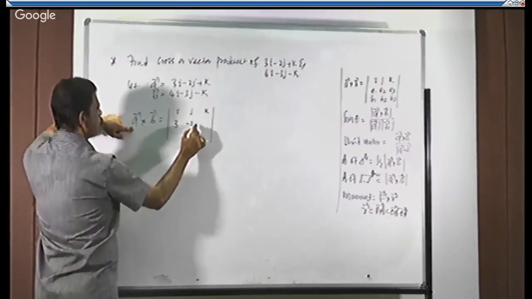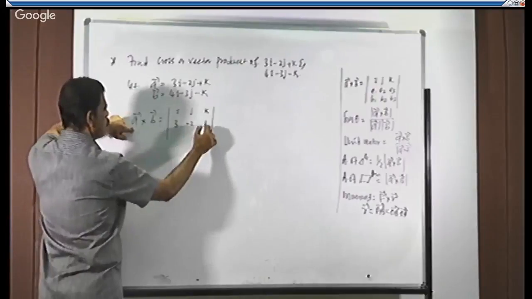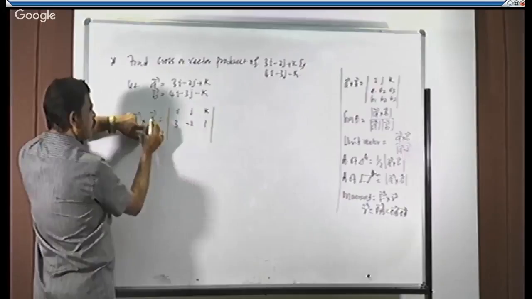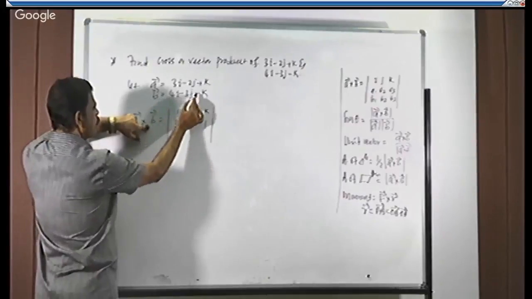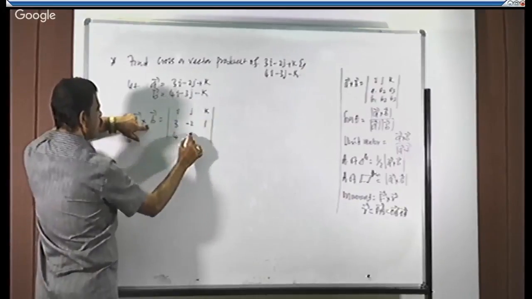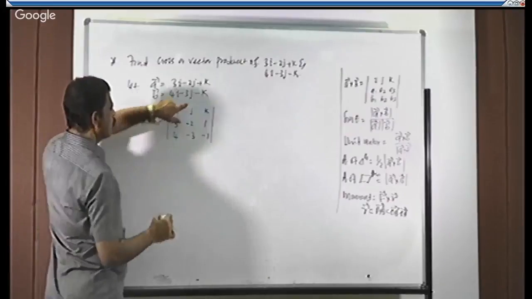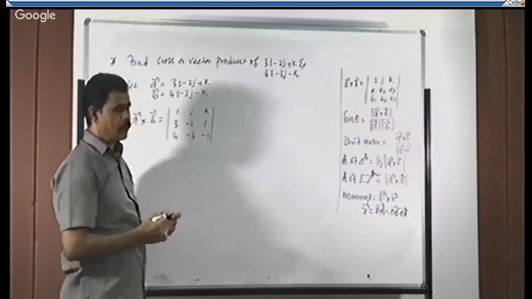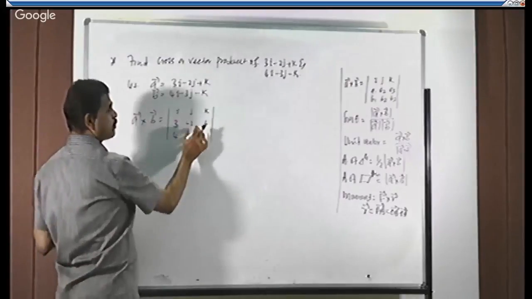The third row is the constants in the second vector, that is 4, minus 3, minus 1. The coefficients of i, j, k are taken along with their sign. This is the expansion of the determinant.